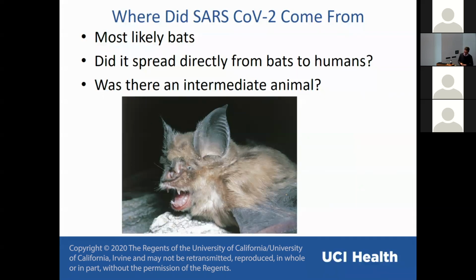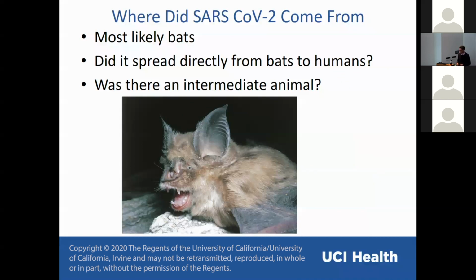We do know that the epidemic was first identified in association with the seafood and live animal market in Wuhan, China, but we really don't know if the first cases occurred at that market and whether that just happened to be where the first cases showed up, as opposed to some animal in that live market being involved. We simply do not know the answer to that question. What I'm showing here is the horseshoe bat, the Chinese horseshoe bat.